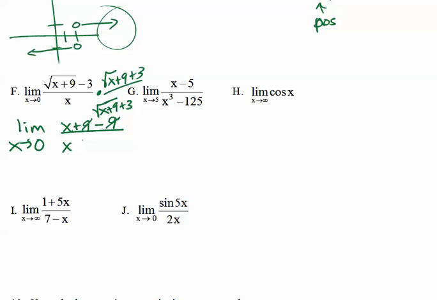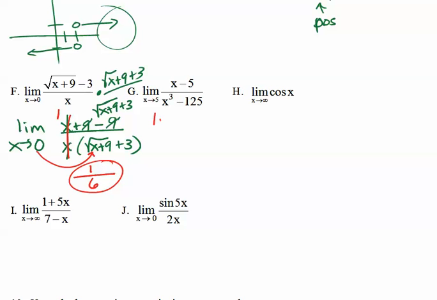And that solves our 0/0 problem, because now the x's would cancel and leave a 1 as our numerator. And now we can do direct substitution to get our limit. So our numerator is 1 and our denominator will be square root of 9 plus 3.